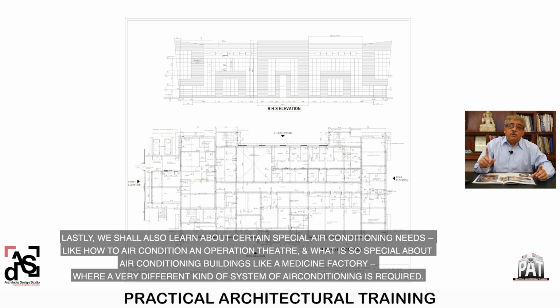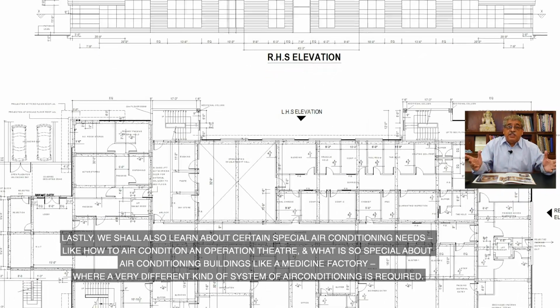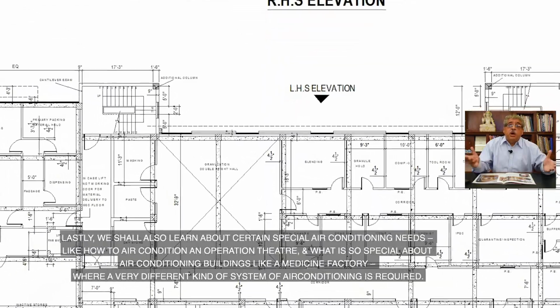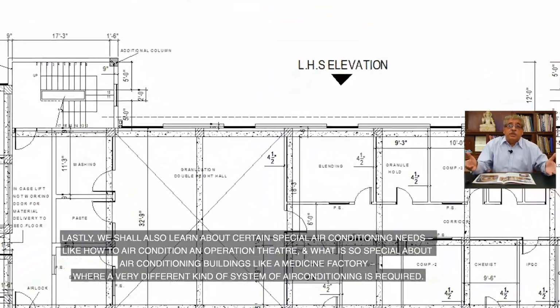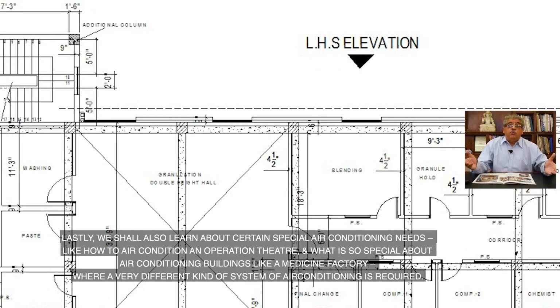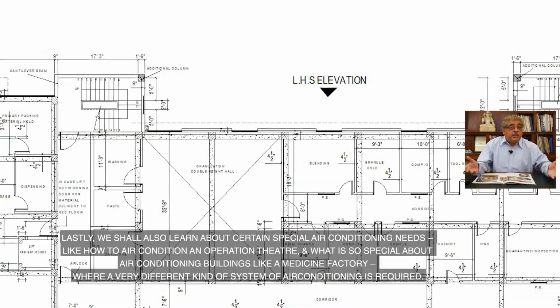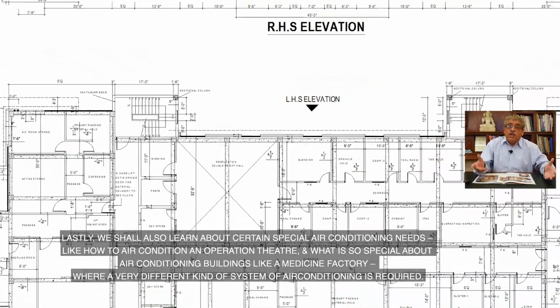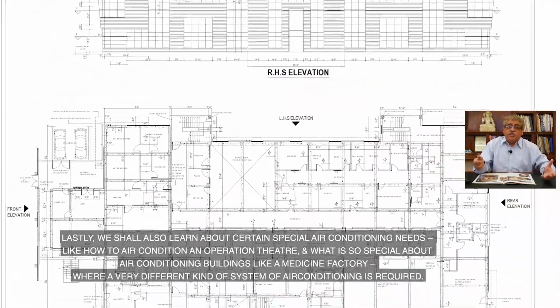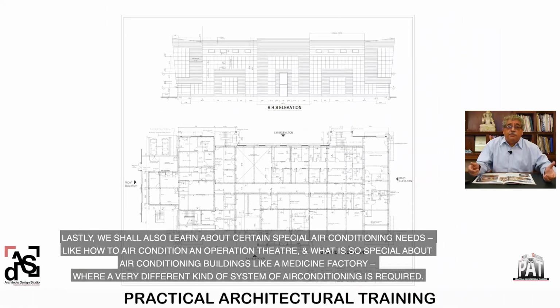And lastly, we should also learn about certain special air conditioning needs, like how to air condition an operation theater, or what is so special about air conditioning buildings like a medicine factory, where a very different kind of system of air conditioning is required.